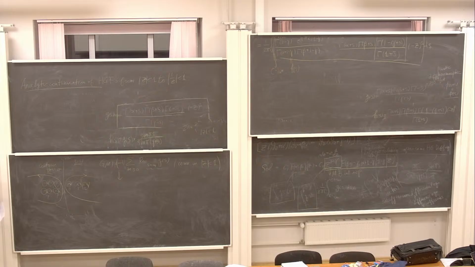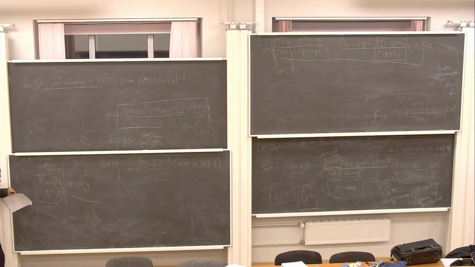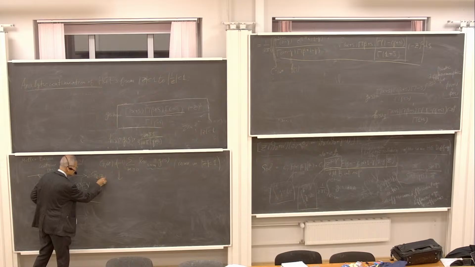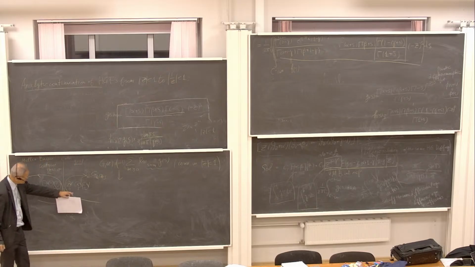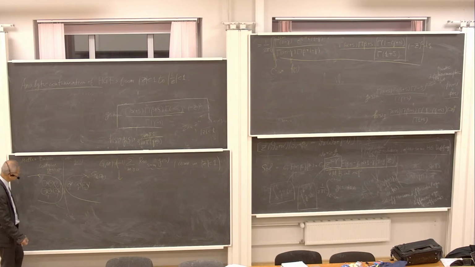I coined this procedure the contour throw. So the first one, G1(z), is obtained as integration along this path, and the second one would be obtained as integration along this.